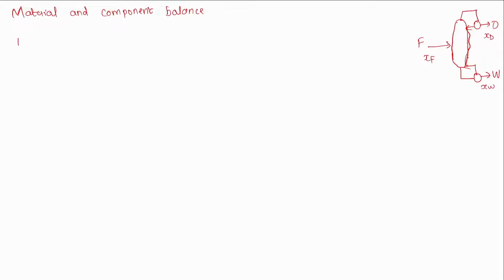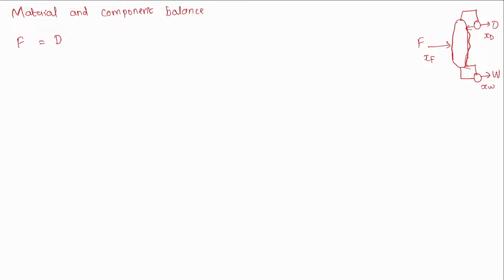So writing the material and component balance for the whole distillation column, we have a distillation column with our feed F, then the distillate D and the residue W with their corresponding compositions XF, XD and XW.